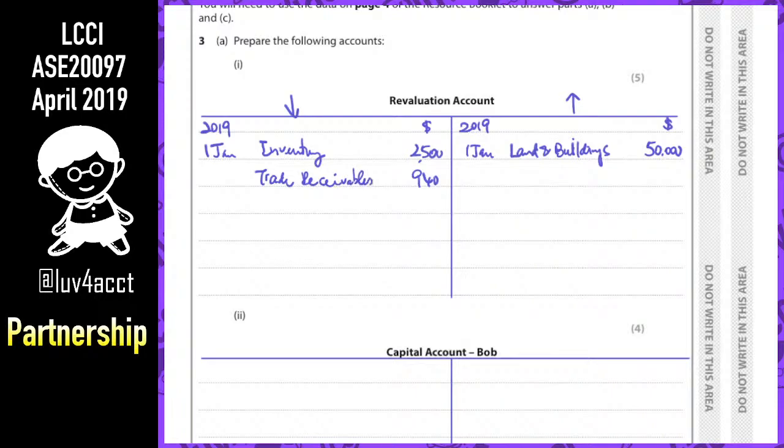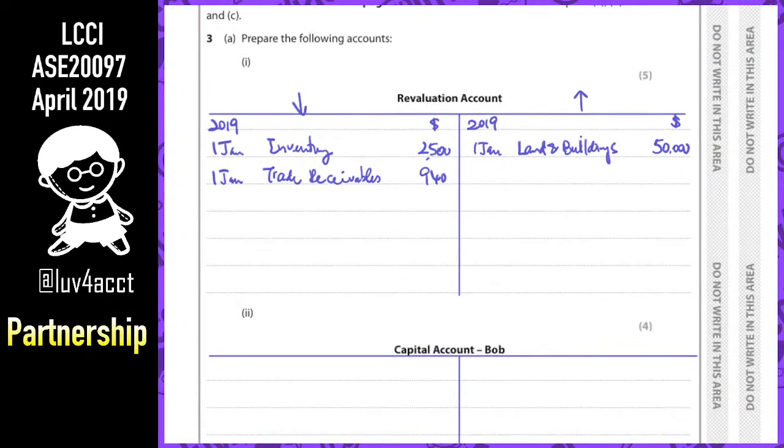Okay, so this process is done before Bob leaves. That's why the distribution of gain is among the three partners.